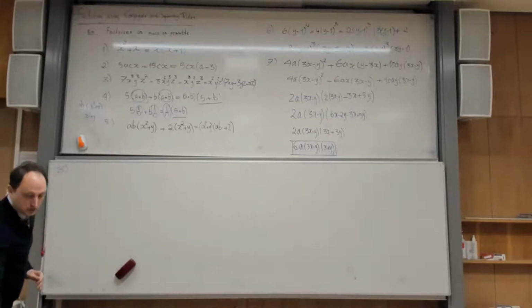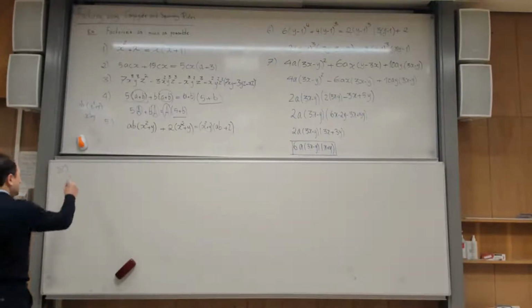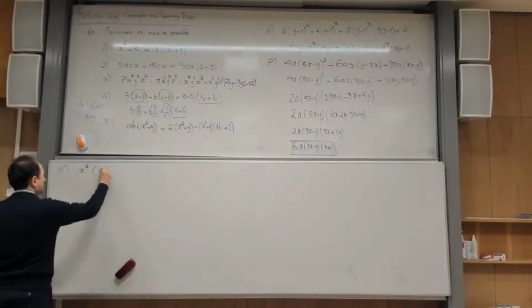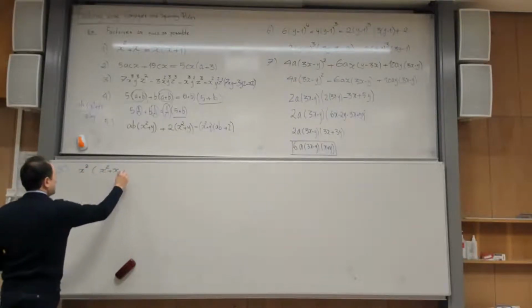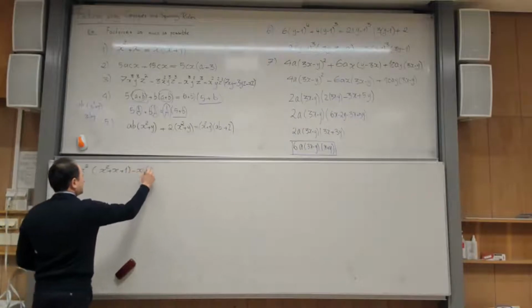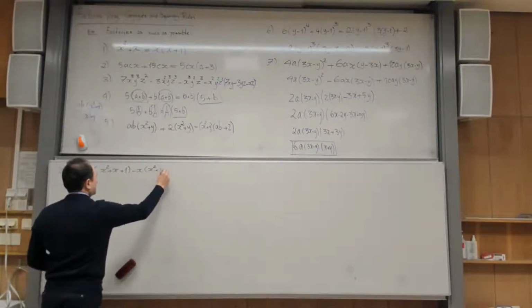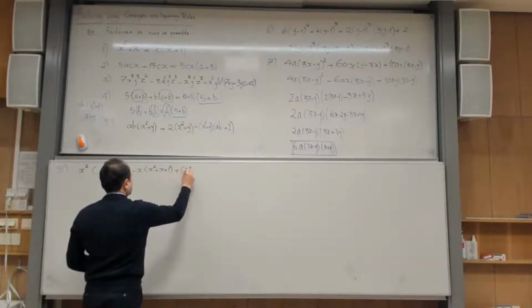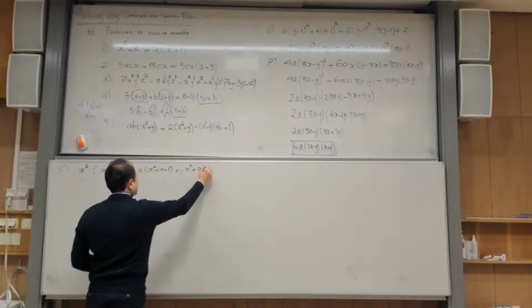So you can have this, for example, x squared times x squared plus 1 plus x plus 1 minus x squared plus x plus 1, and then plus x squared plus x plus 1.